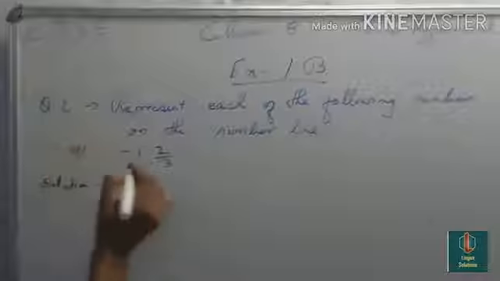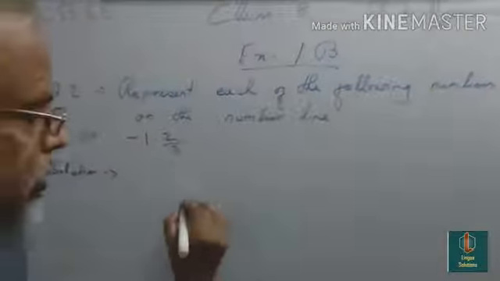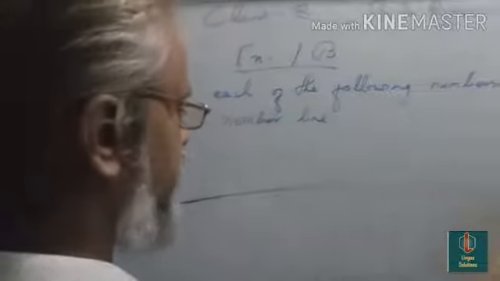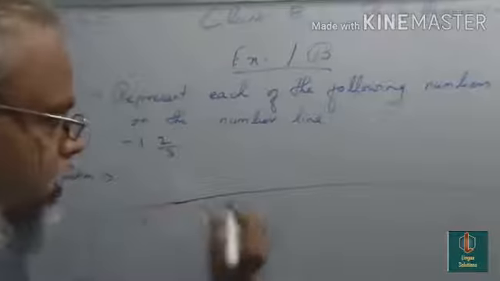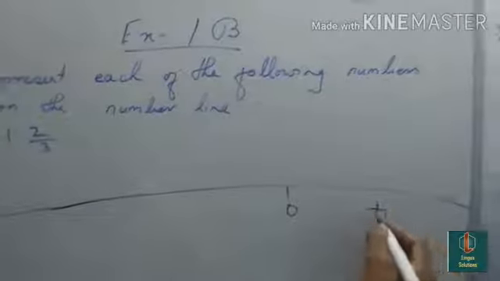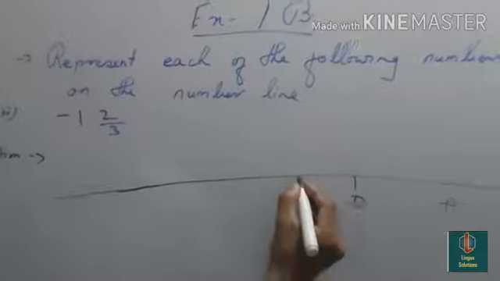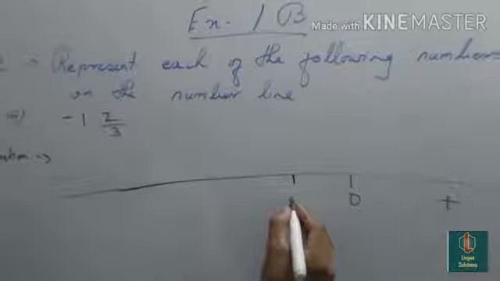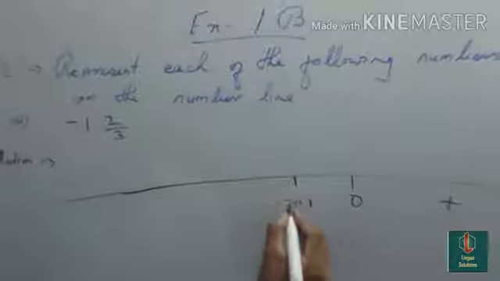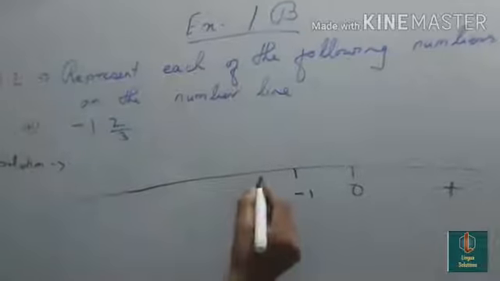Now our number is, this is question number 3, minus 1, 2 by 3. Here is number line. 0 is here. This side is positive integers and this side negative. Here minus 1. Then in second portion we have to divide.